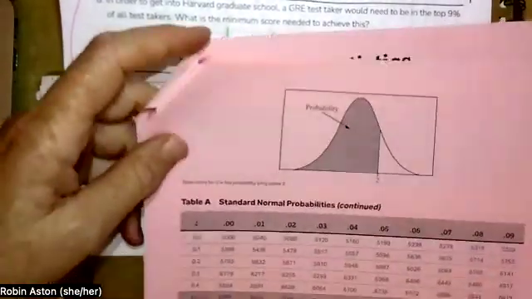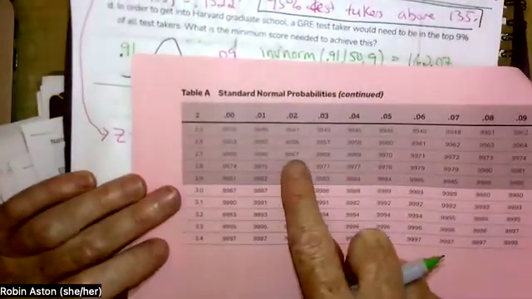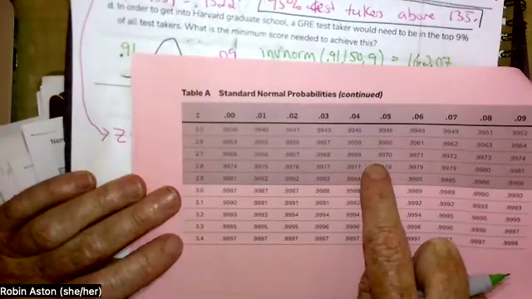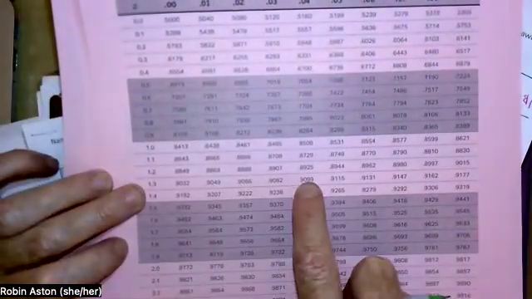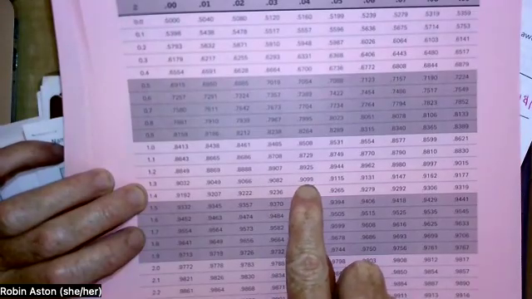It's the same if I go to positive 1.34. If I was to find that 0.91, there it is right there.